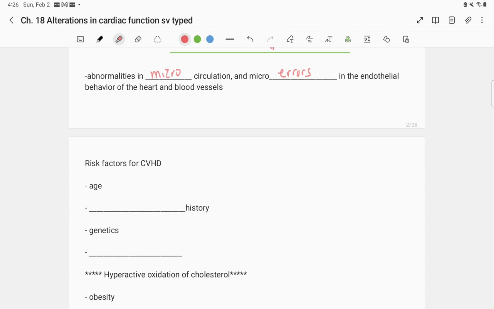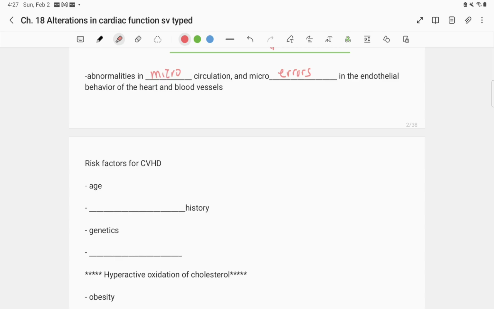And if you have enough organelles put together, then that makes up the cell. And if you have enough cells, that makes up tissue. Enough tissue makes an organ, and then your organ system, and then the organism. So if you want to hurt the organ, then create those micro errors. Okay, then you'll hurt the organelles, which means you'll hurt the cell, which means you'll hurt the tissue, which means eventually the organ is hurt.